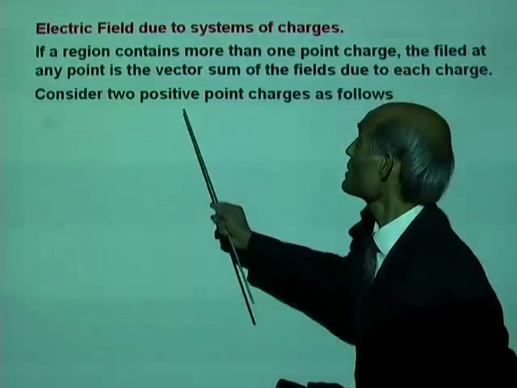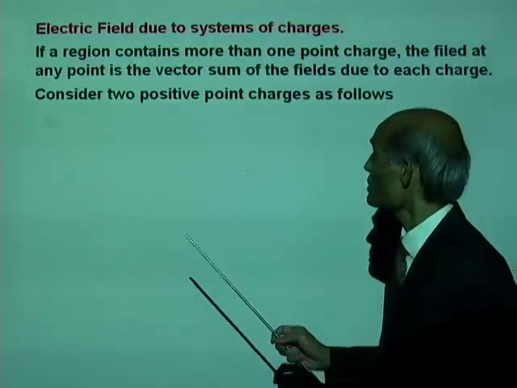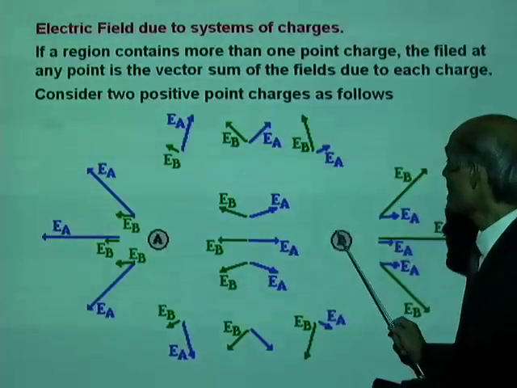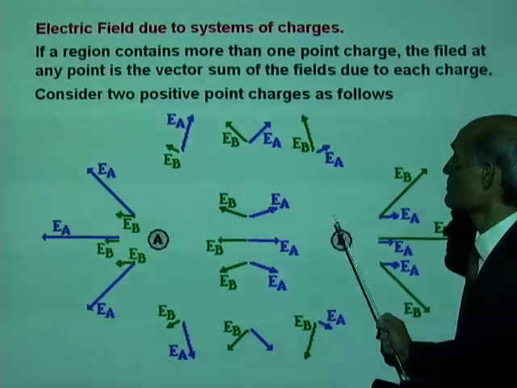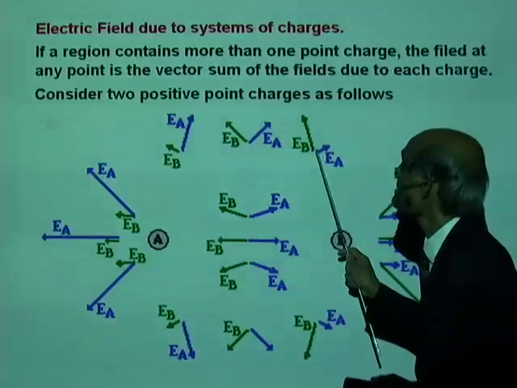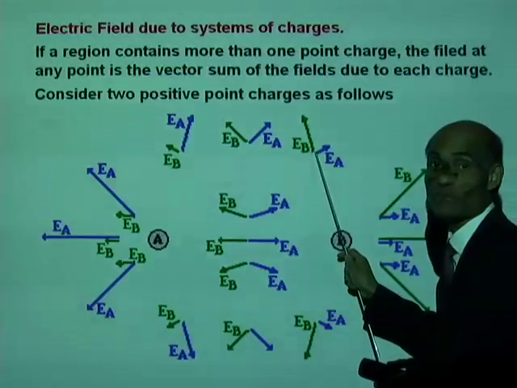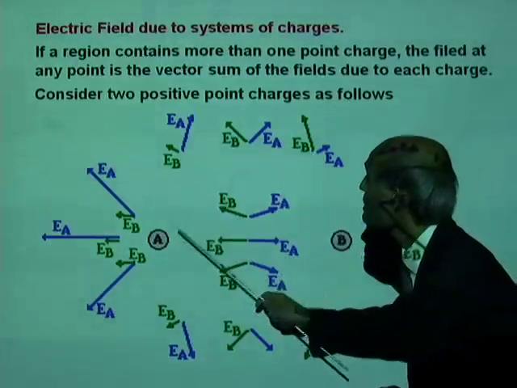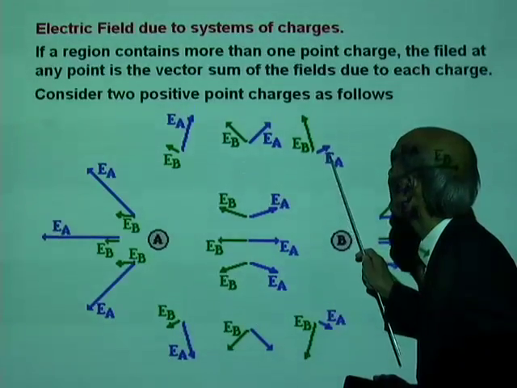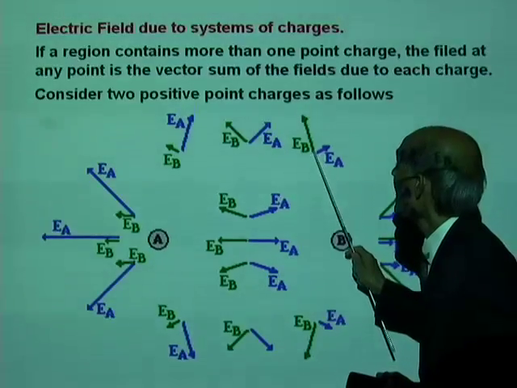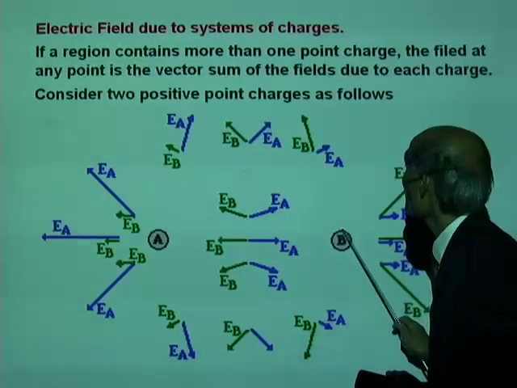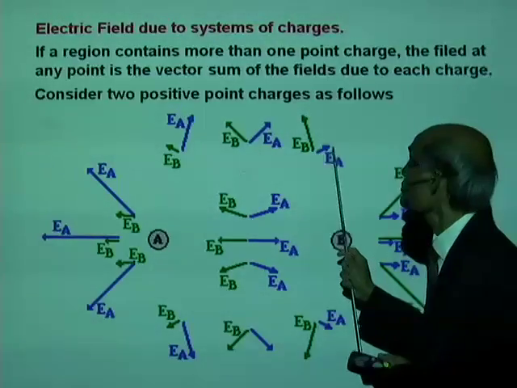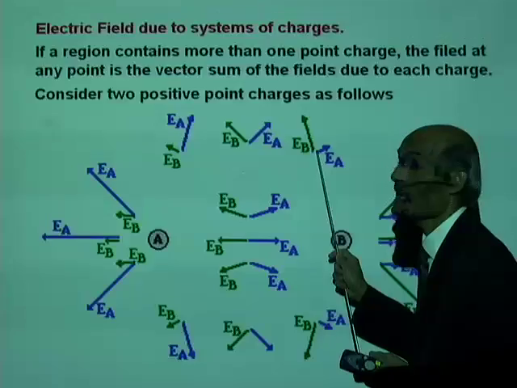Alright, consider two positive point charges as here. A is a positive charge, B also is a positive charge. That means if you take, say, this point where I'm pointing, there will be a field due to A, I'm going to call it E sub A, and there will be a field produced by B, I call it E sub B. And each of these fields is represented by an arrow.